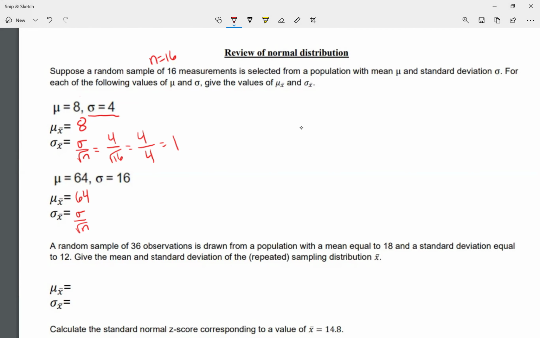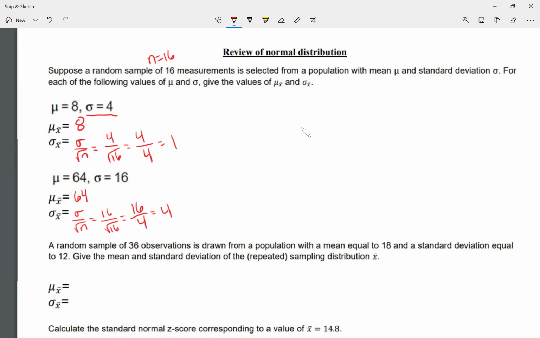So in this case, I'm looking at 16 divided by the square root of 16, or 16 divided by 4. Now, 16 divided by 4 is 4. So it's not that difficult to get the mean and the standard deviation of the sample given the mean and standard deviation of the population.